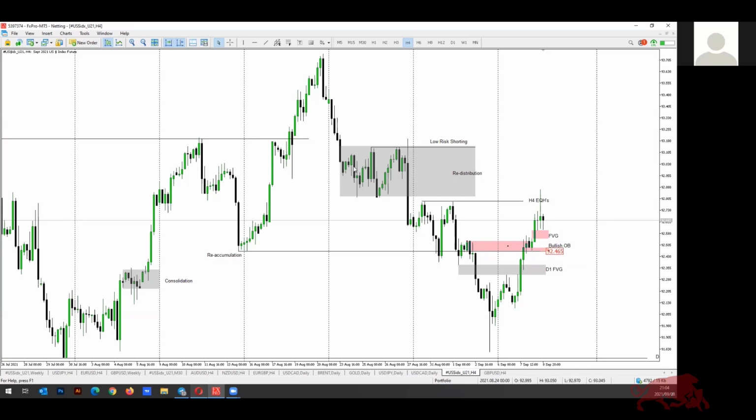But once we get a clear close below, then when price comes back, it should find resistance and continue with the momentum to go to the downside. So just take note of that. I'll try to highlight it during the time when price action is happening, to see how it's going to hold in terms of momentum.